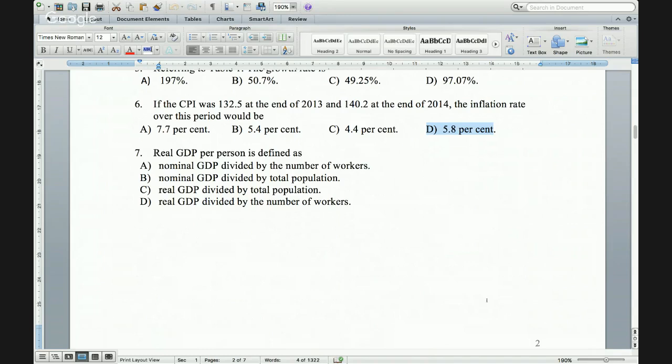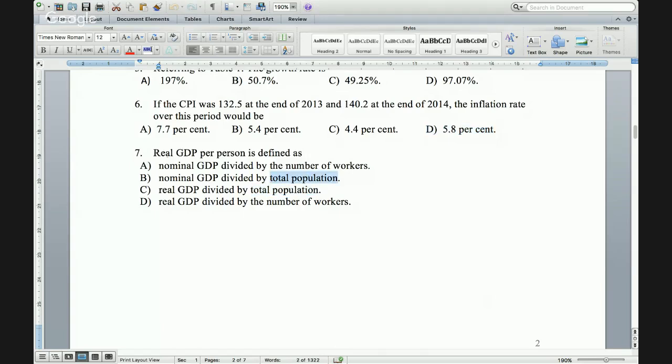So some people might automatically assume that it's to do with workers, because if we don't have any workers, we don't have productivity. Okay, but that's the wrong thing to look at, because we need to take into consideration the whole population. So your answer has to be either B or C based on this part of your solution, by total population.